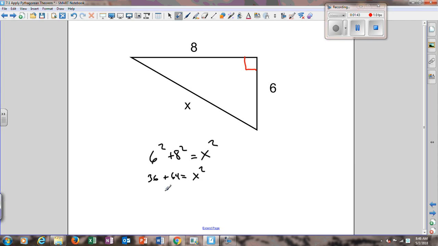It's equal to x squared. So you get 100 equals x squared. We take the square root of both sides. Square root of 100 is 10, so you get 10 equals x. Not too bad.